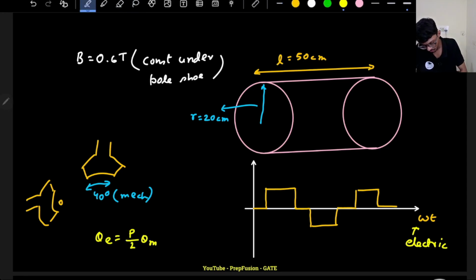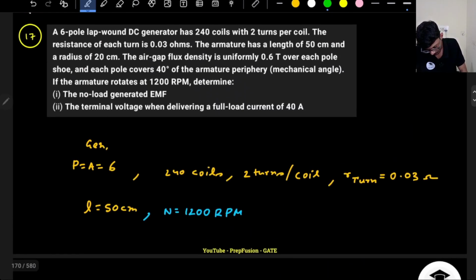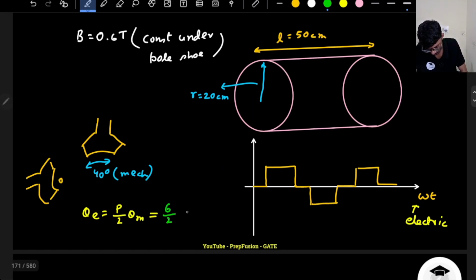How many poles do I have? 6 poles. So P is 6 divided by 2 into theta mechanical, that is 40. So it will be 3 into 40, that is 120 degrees. So one pole will be 120 degrees, right?